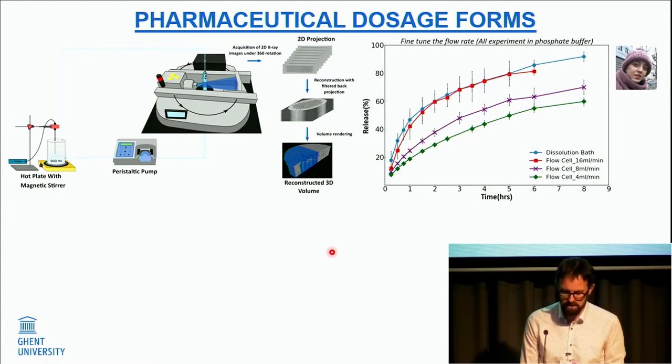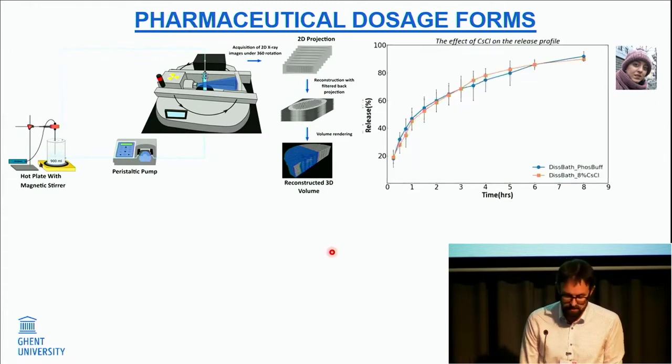One of my PhD students, Nilofar, developed a flow-through cell specifically for pharmaceutical dosage forms, investigating the influence of the speed, because in pharmacy they have their standard procedures for getting drug release patterns. But for a certain tablet, you want to match that drug release pattern in the flow cell.